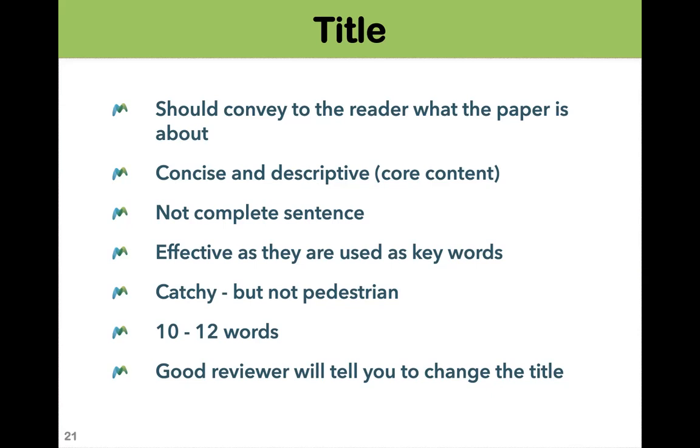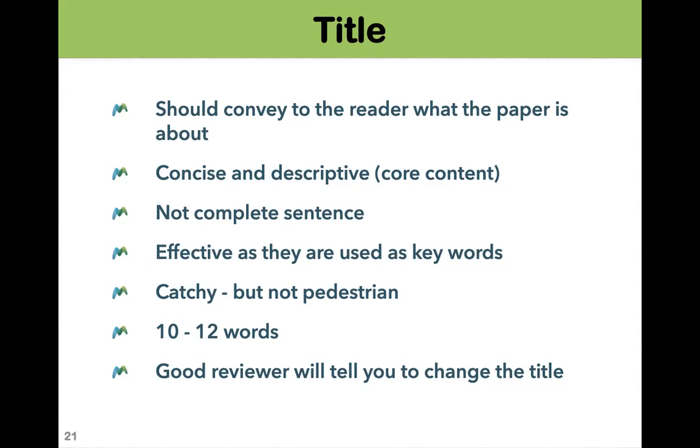It's important that your title is descriptive enough because, as you know, Google, or any search platform, uses the words in the title to find your article. If you want more scientists to find your article so that they reference you, you need to make sure your title is catchy, but not pedestrian. What is not pedestrian? Not something somebody on the street would come up with.